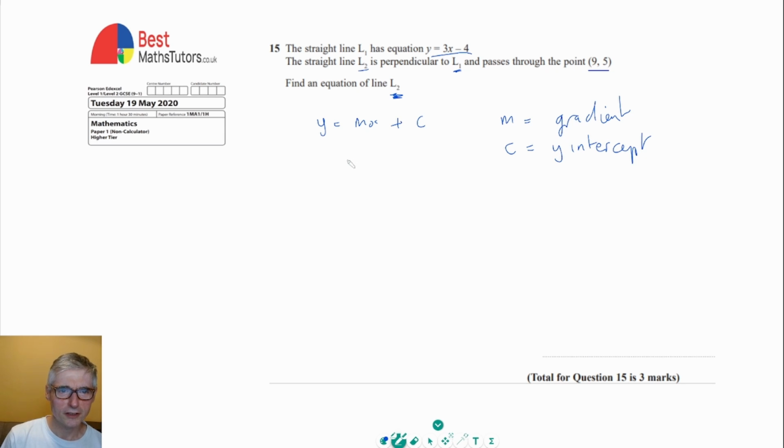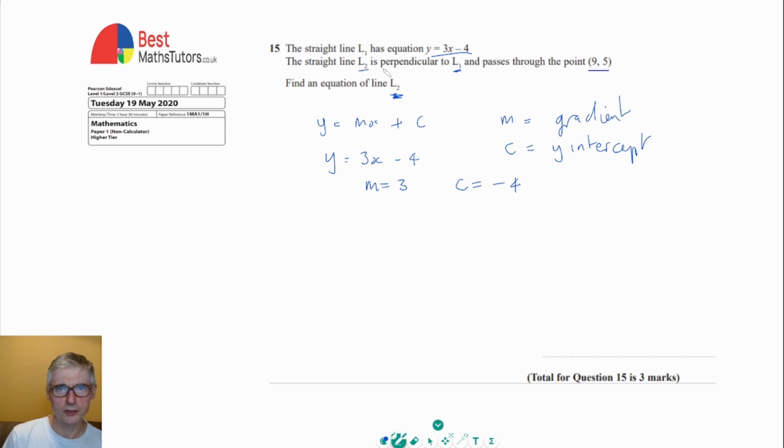For L1, we've got y equals 3x minus 4, so the number multiplying the x is our gradient. The gradient m is equal to 3. If we needed it, we could also say that c, the y-intercept, is equal to minus 4.